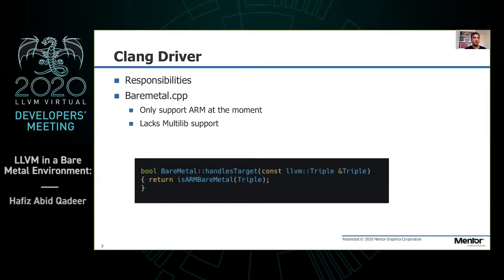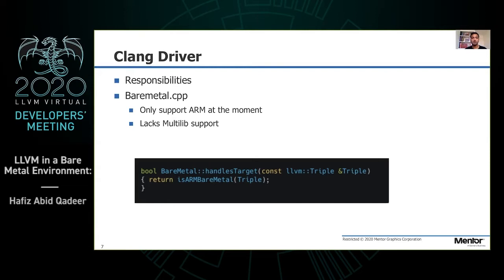We have in the Clang driver BareMetal.cpp, which is supposed to do this work. Currently, it only supports ARM, but as I've shown here, it is quite easy to add support for a target. You can have a function like isARMBareMetal, and it only checks that you have the correct triple for your target.